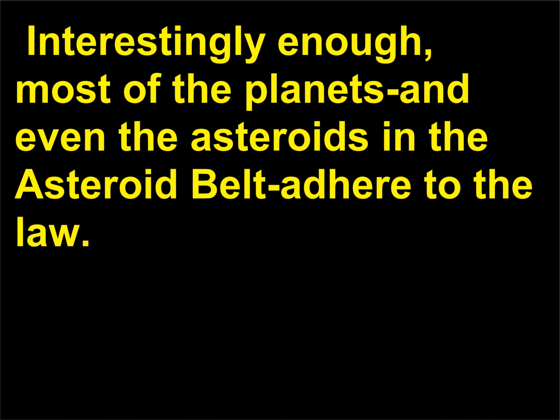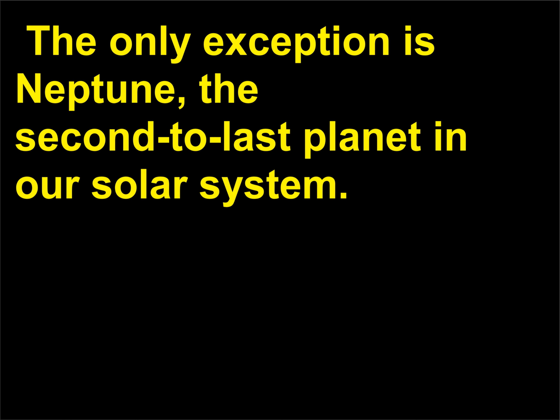Interestingly enough, most of the planets and even the asteroids in the asteroid belt adhere to the law. The only exception is Neptune, the second to last planet in our solar system.